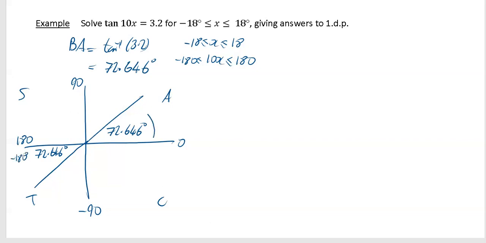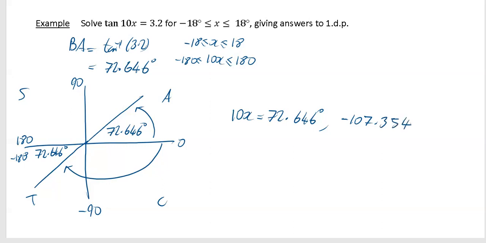So my first angle is dead easy. My second angle is a wee bit trickier to find, but not for the likes of us. So we'll have 10x is equal to 72.646, and the other angle is going to be minus 107.354.